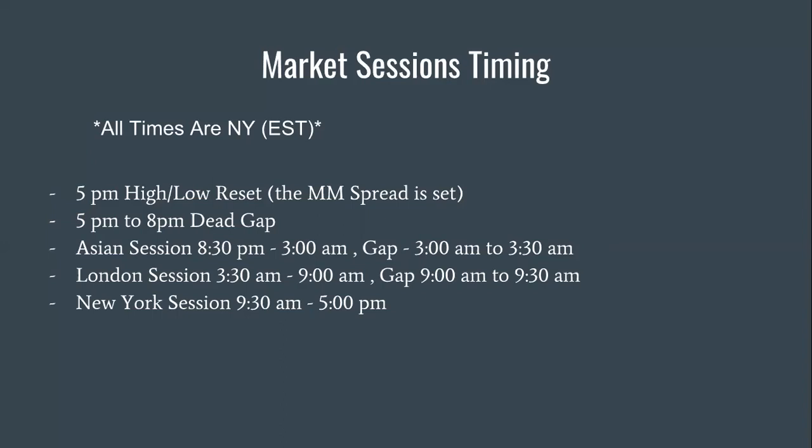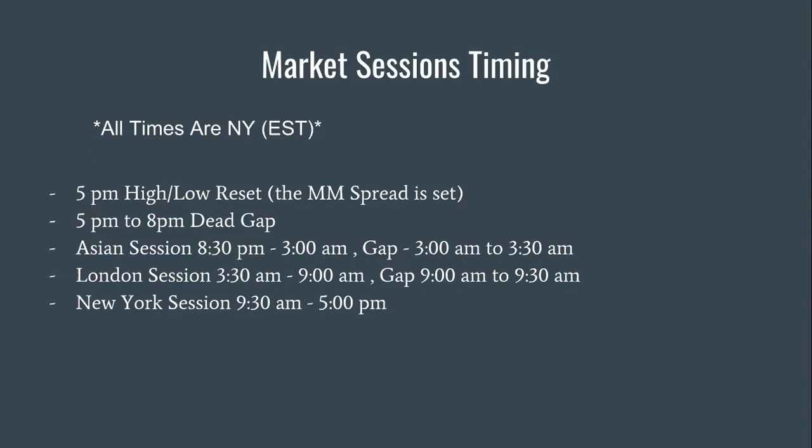New York session is from 9:30 a.m. to 5 p.m. Now you should be out of all your trades, or you shouldn't be looking for any more trades after 11 a.m., after 12 p.m., noon New York time.